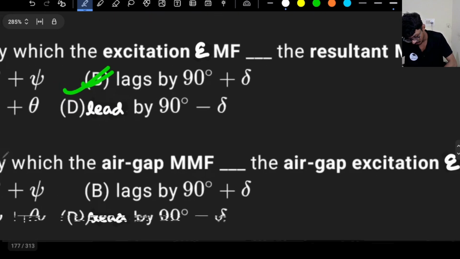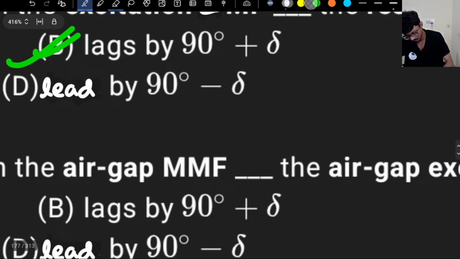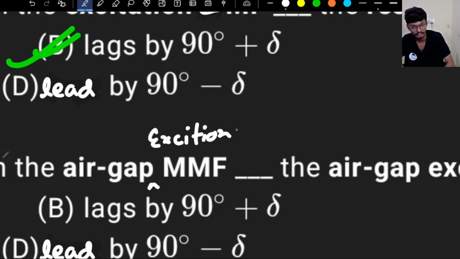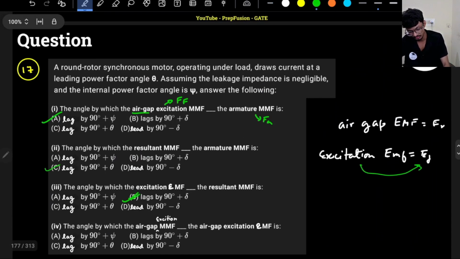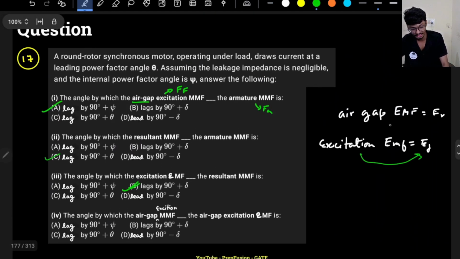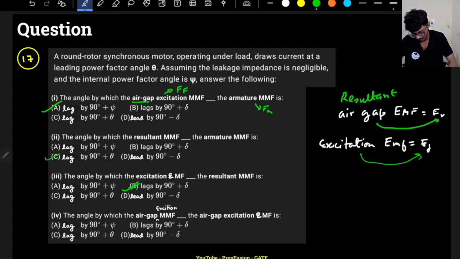It should be air gap excitation MMF. Otherwise you cannot understand what kind of MMF they are talking about. Are they talking about the field MMF or the resultant MMF? Whenever excitation is there, you will describe it with field. If just air gap or resultant is written, then you will relate that with Er. That is the important thing over here.